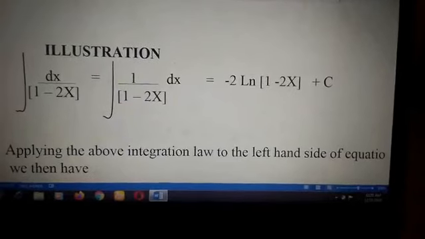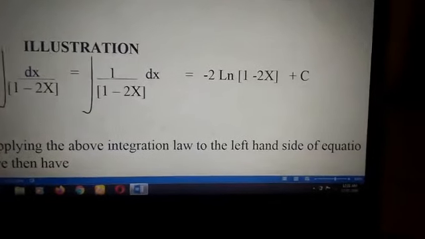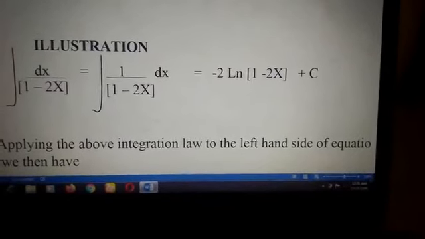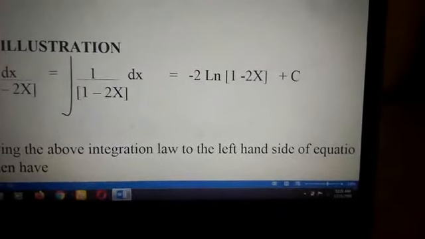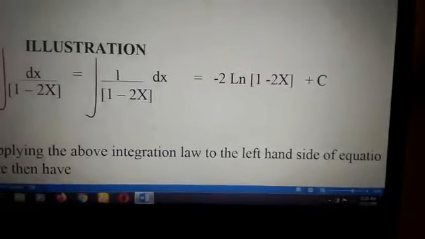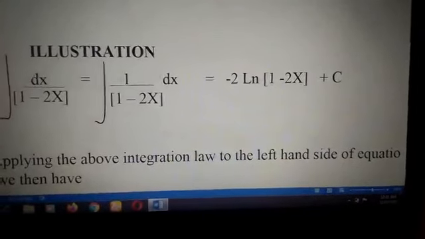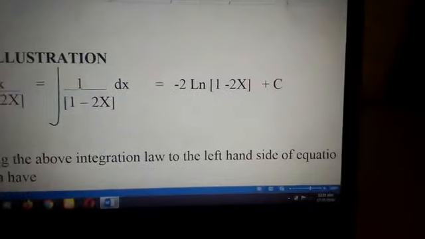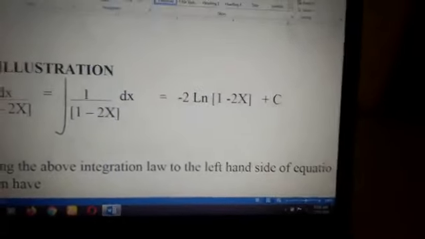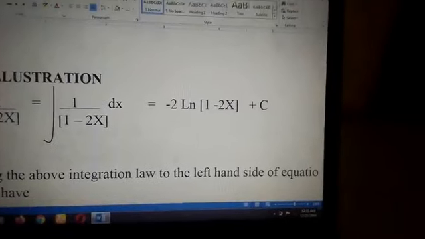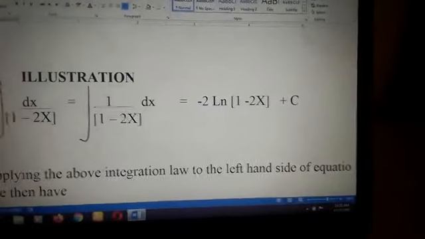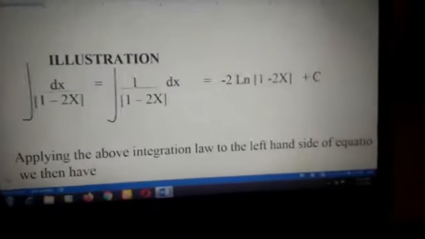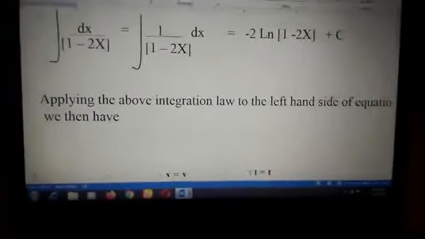Then following the process I described, it's going to give us ln or natural log of 1 minus 2s in bracket plus c. But if you look at the denominator there, the coefficient of s is minus 2. So we multiply by the coefficient, and now have minus 2 ln 1 minus 2s plus c.